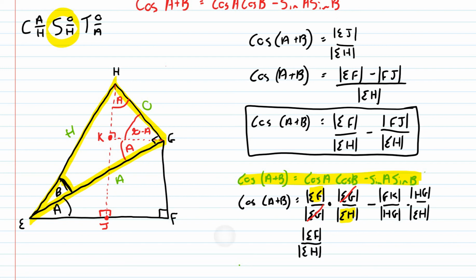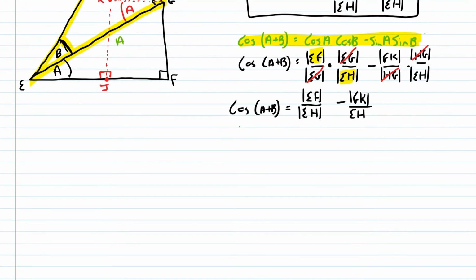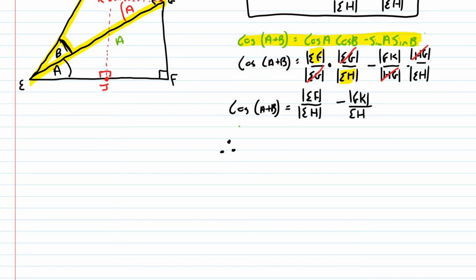And do the same with the other side, so it's minus, and again we can cancel the HG and the HG, and we're left with GK over EH. Cos A plus B equals that. So we can say therefore cos A plus B equals cos A cos B minus sin A sin B.